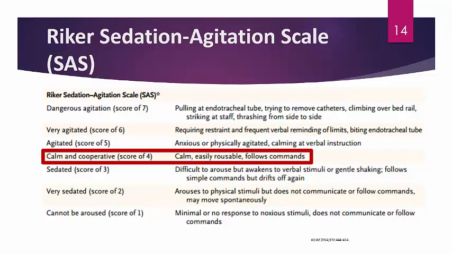Now, keep in mind that the description of these scores is a little bit subjective to an extent, because some clinicians, as well as nurses, may interpret each of these scores slightly differently whenever you're trying to assess the score. And what I mean by that is, say you were at a score of 5 on the SAS scale: anxious or physically agitated, calming to verbal instruction.